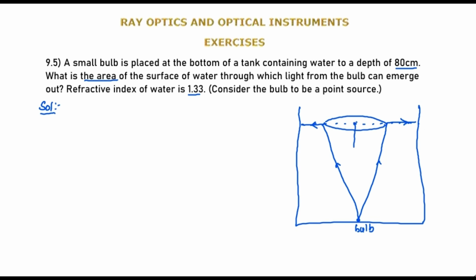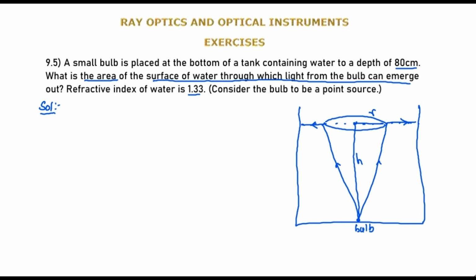Assume that this is the side H and this is the radius R. We need to find out the area of the surface of the water through which the light from the bulb can emerge out.